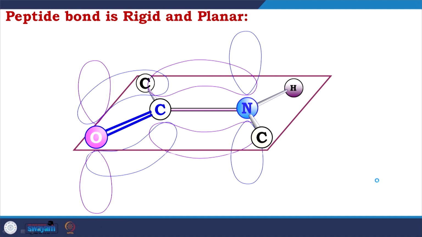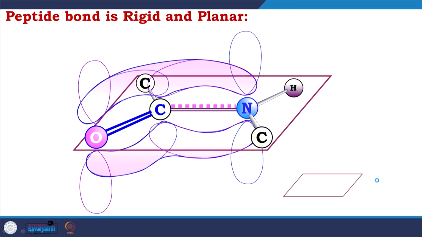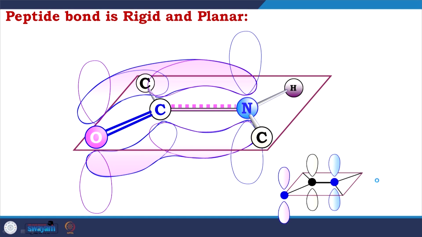That pi bond is delocalized between the oxygen and nitrogen. So, you get them into the same plane, and what we discussed earlier, you get the character being partial double bond.